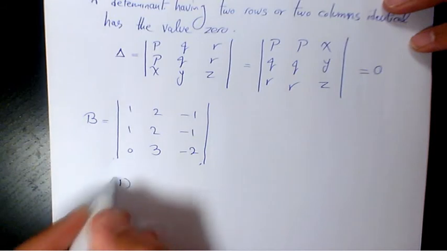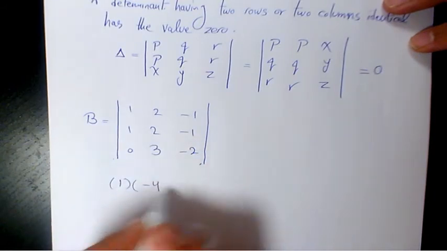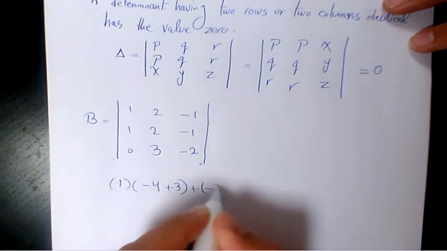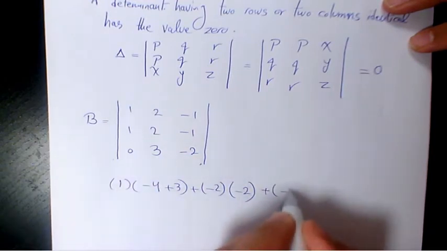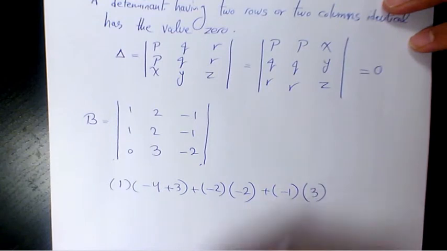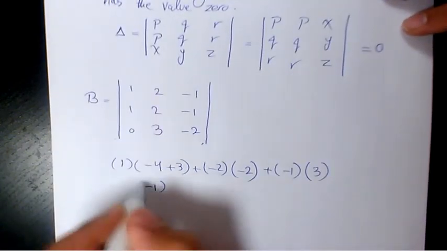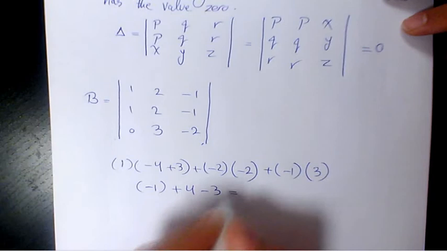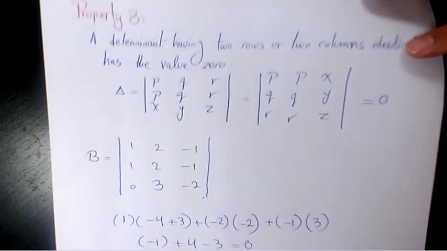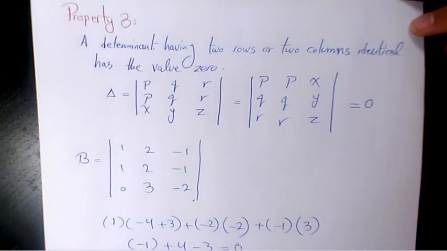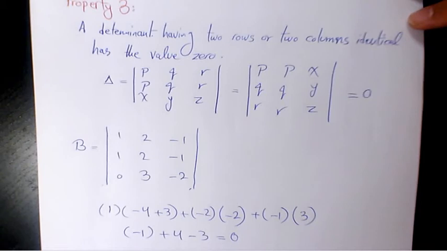That's going to be 1 times 2 times negative 2, negative 4, plus 3, plus negative 2 times negative 2, plus negative 1 times 3. That's going to be negative 1 plus 4 minus 3, which makes it 0. So when we have any matrix that has two identical columns or two identical rows, we have 0 as the determinant.